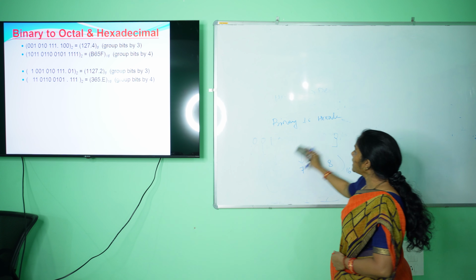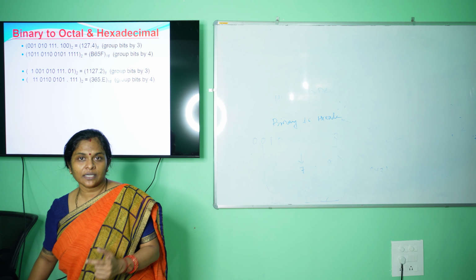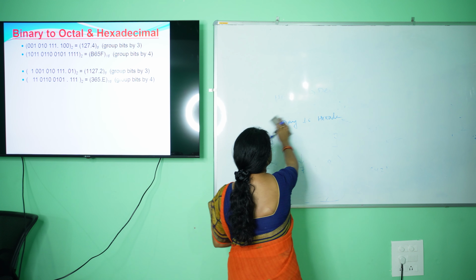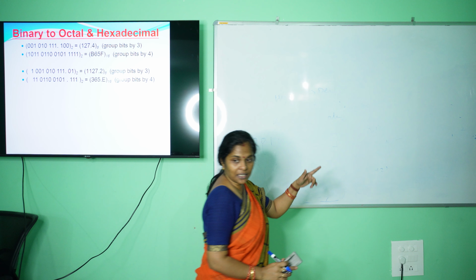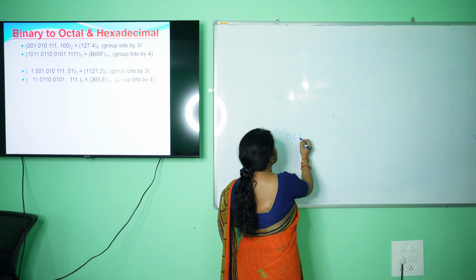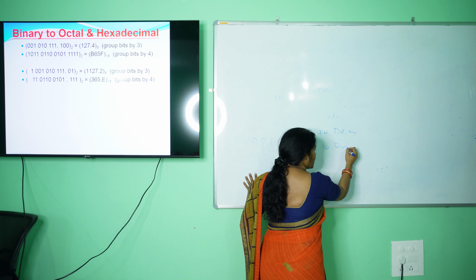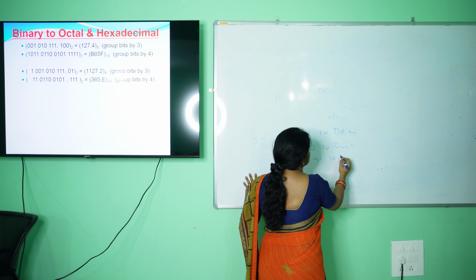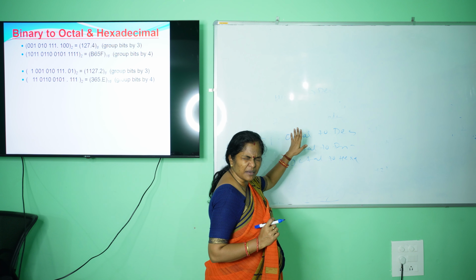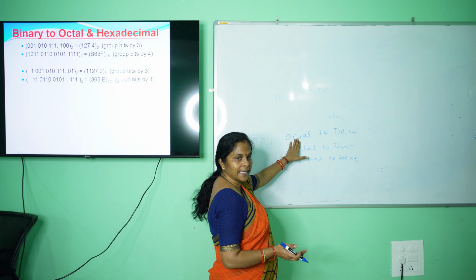Okay, so what did we do today? We did decimal to binary, decimal to octal, decimal to hexa. Second, binary to decimal, binary to octal and binary to hexa. Now if I move to octal to decimal, octal to binary and octal to hexa: whenever you want to convert any number system to decimal, the principle is you have to multiply with 8.